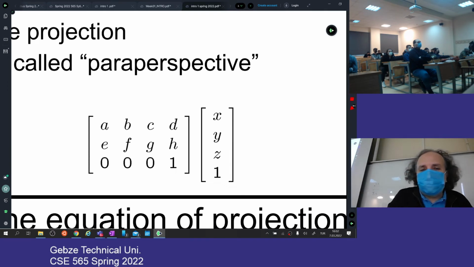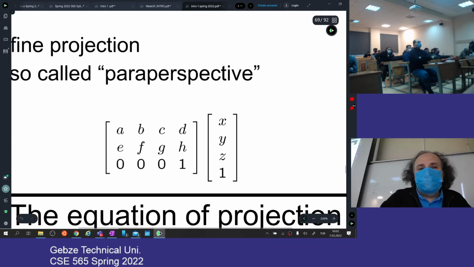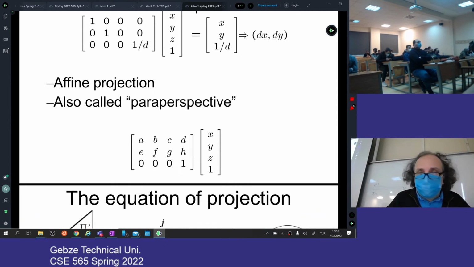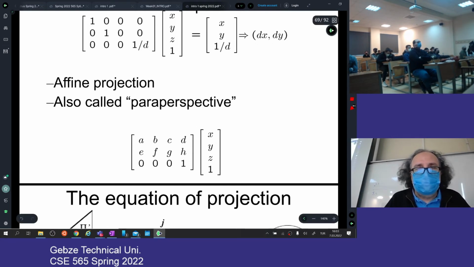These are all independent numbers. It is more than perspective. It's affine projection. So, what is affine projection? I think I'm going to show you some examples of it later.